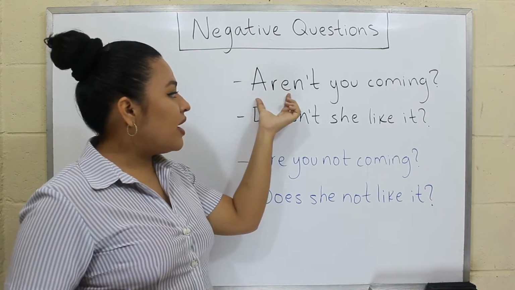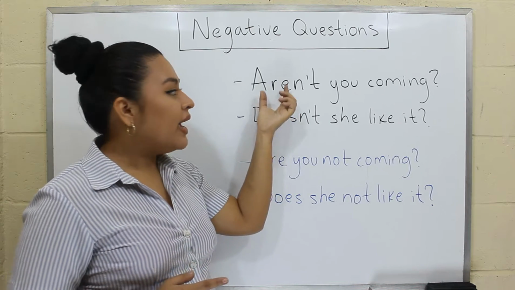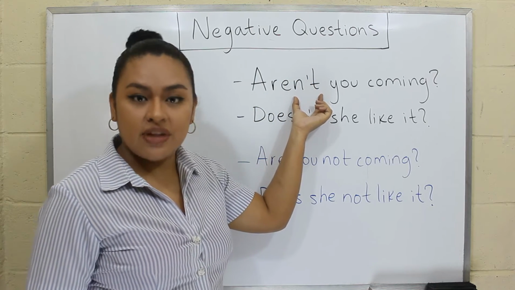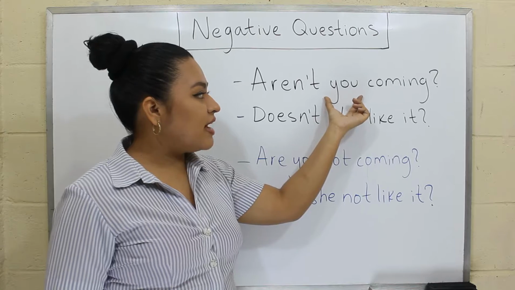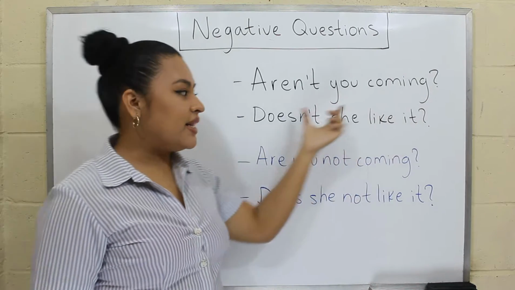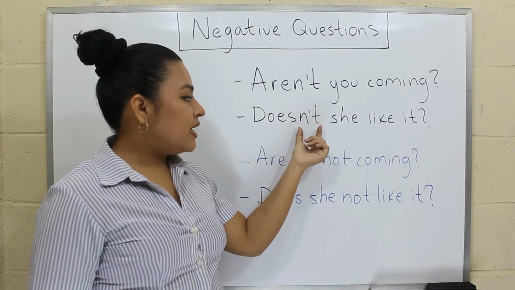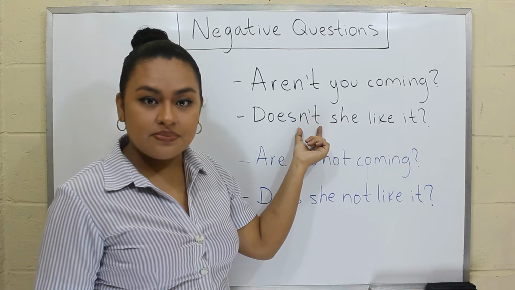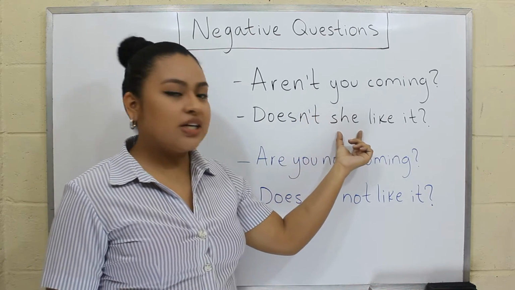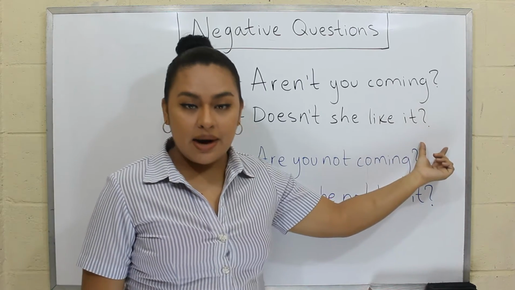You can see we have the auxiliary be, and then we have the contraction of not. Then we have the subject and the verb. In the next sentence, we have the auxiliary does and the contraction of not. Then we have the subject, the verb, and the complement.